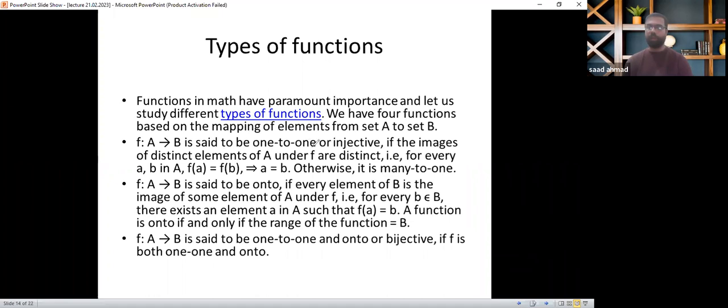First we saw that one to one is also called injective.